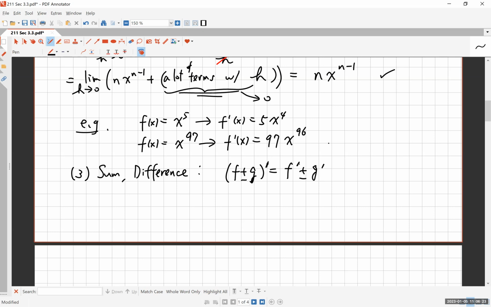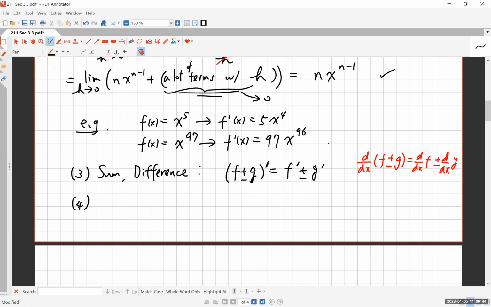So that's pretty easy. Now, for this one, I use the prime notation, but I can also write it this way: d dx of f plus or minus d dx of g, if you prefer this notation. You probably don't, so I'm not worried about this.